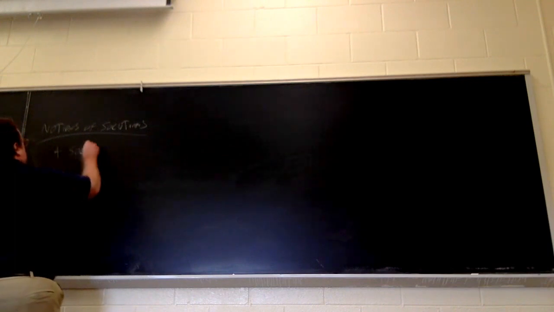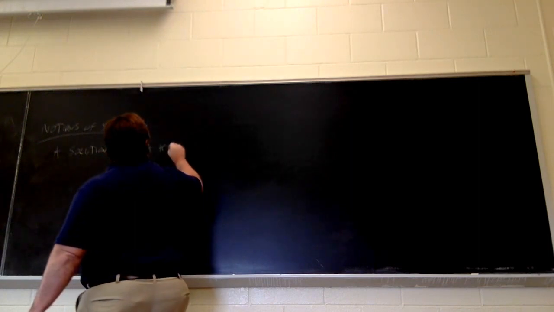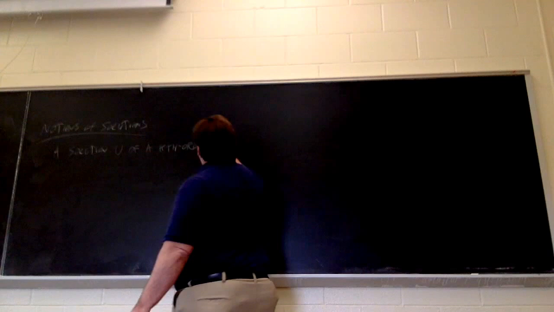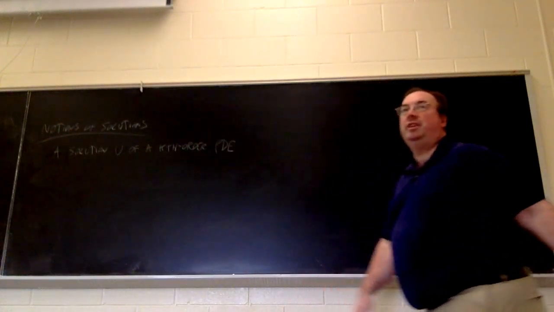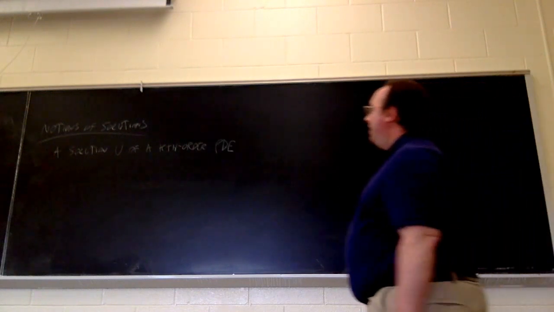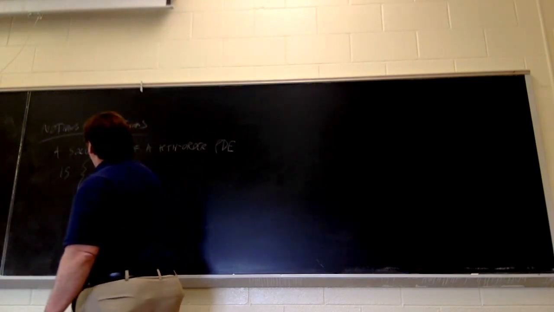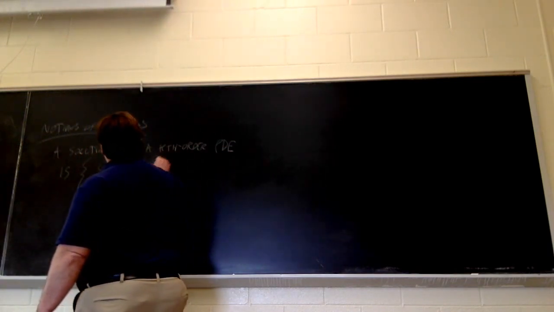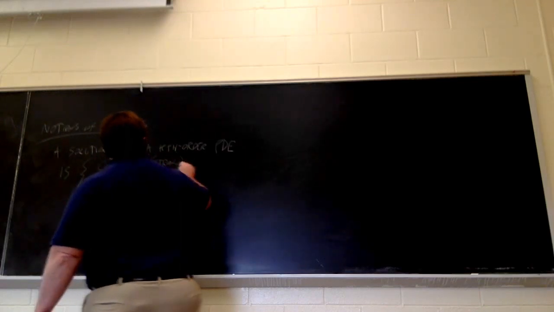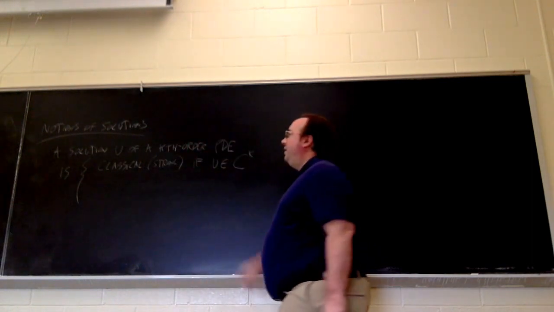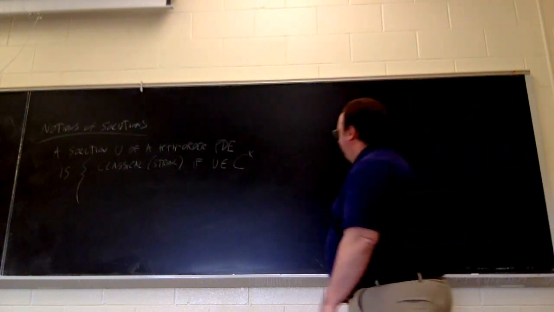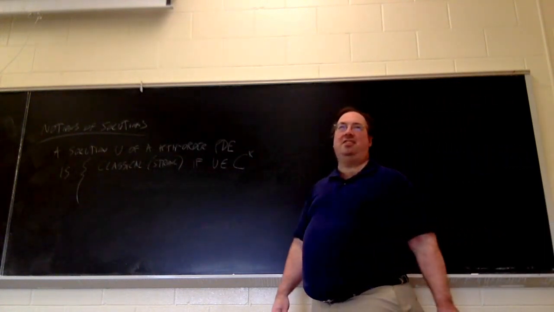A solution u of a PDE that is of order k, so in other words, there are derivatives of up to and including order k in the PDE, is either a classical solution, also known as a strong solution, if u belongs to the space called C^k, and again, it's not c to the kth power.